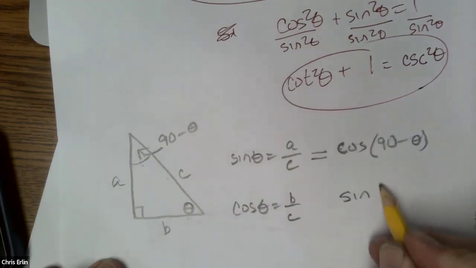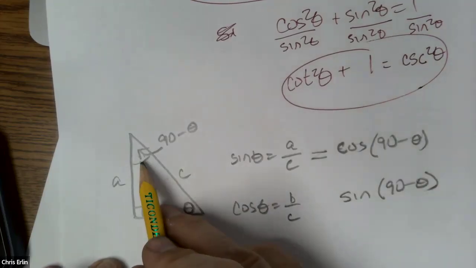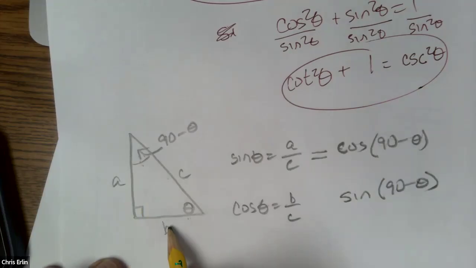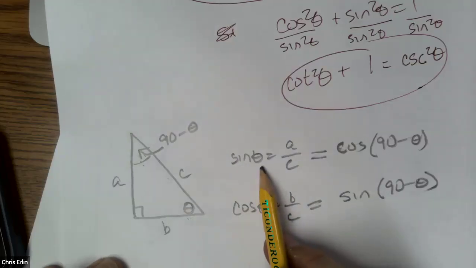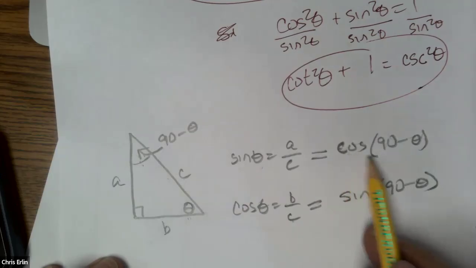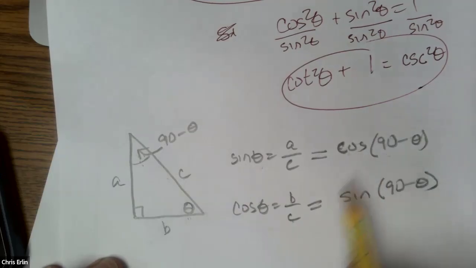And the sine of 90 minus theta would be the opposite over the hypotenuse, which would be B over C. In other words, the sine of some angle is equal to the cosine of its complement, 90 minus theta. And the cosine of an angle is equal to the sine of its complement.